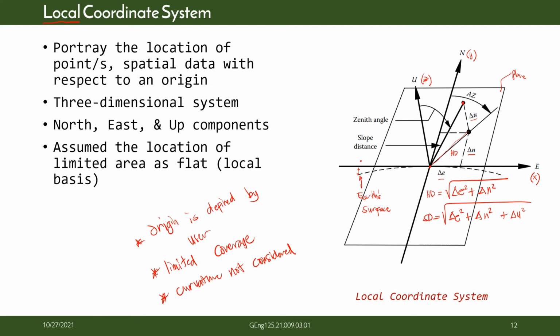But the difference with the other two coordinate systems discussed: let's say we have XYZ, the 3D Cartesian coordinate system.